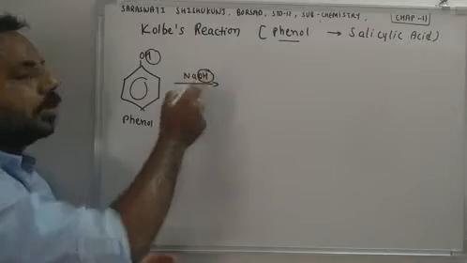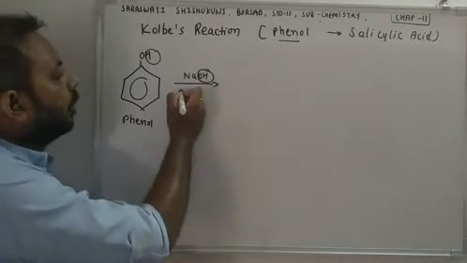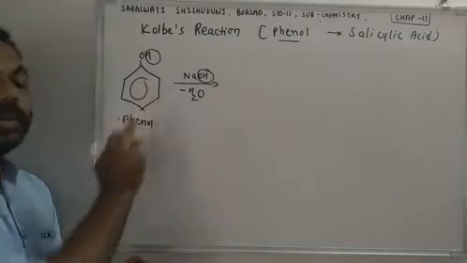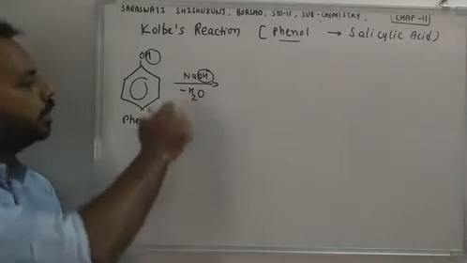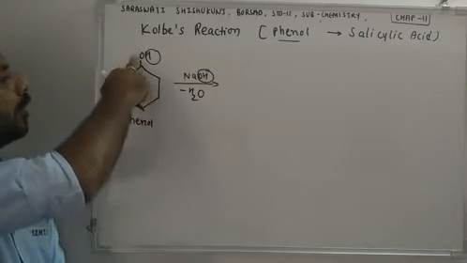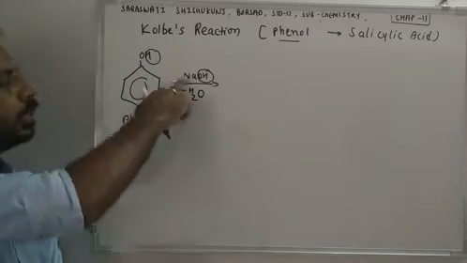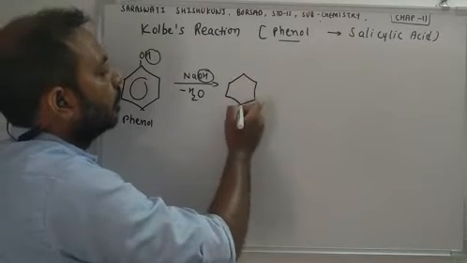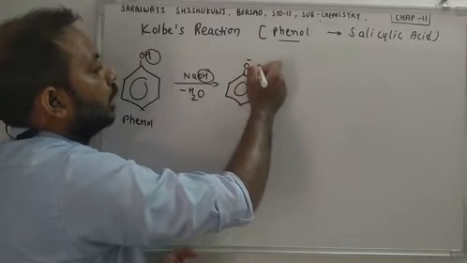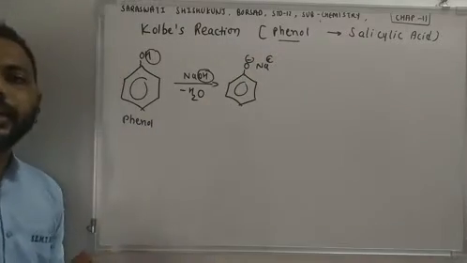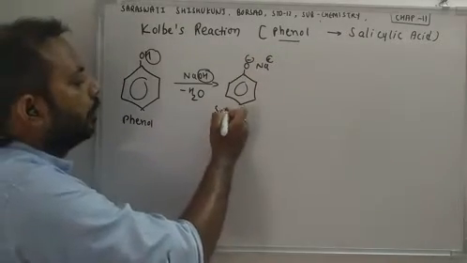OH minus will be donated from the base. So it will form H2O. Now what is left? Phenoxide is left, and here sodium is left. So it will form sodium phenoxide, O minus Na plus.